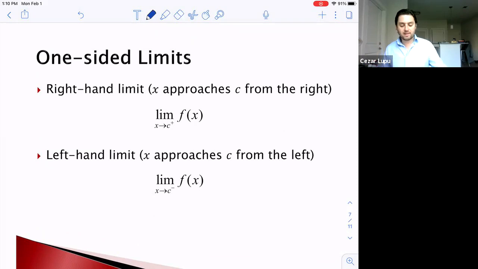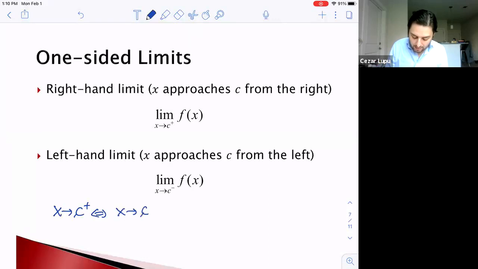When I say x approaches c plus, this is equivalent to saying that x approaches c and x is greater than c, so from the right.